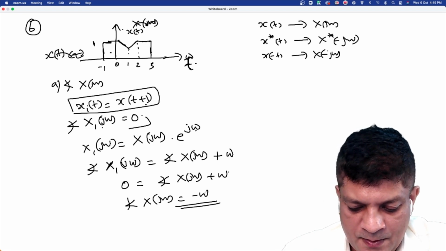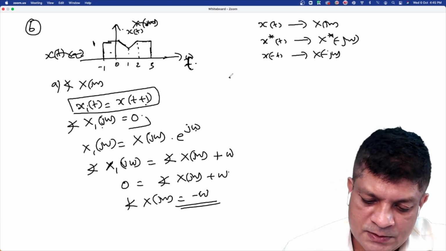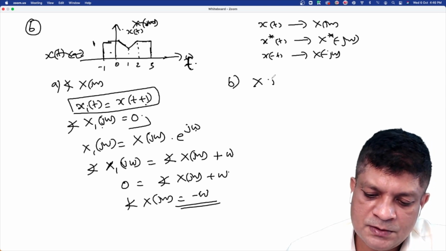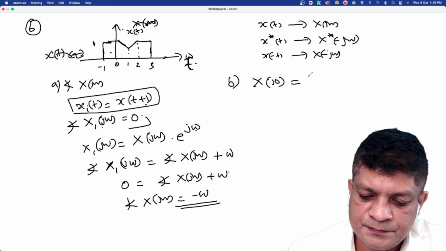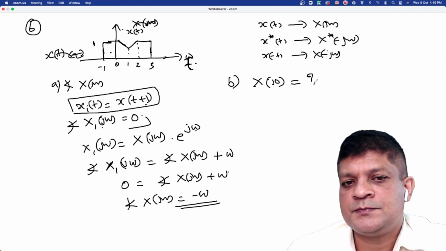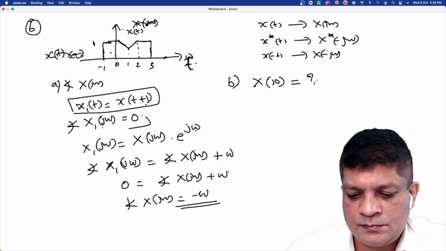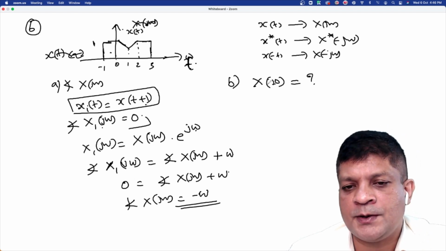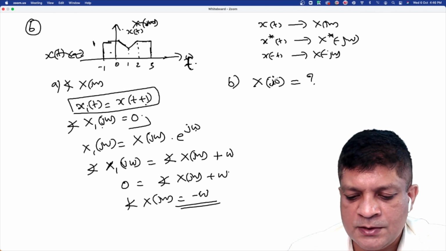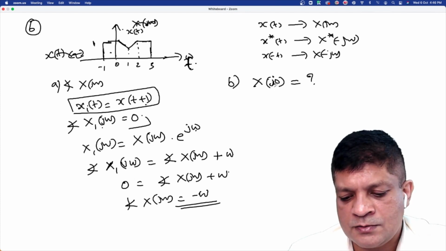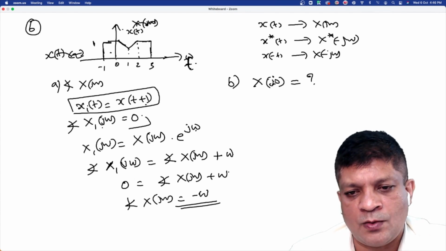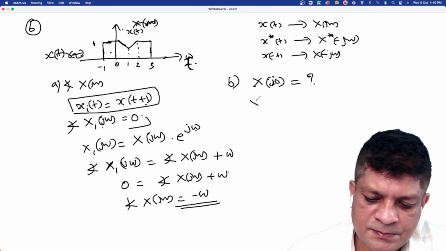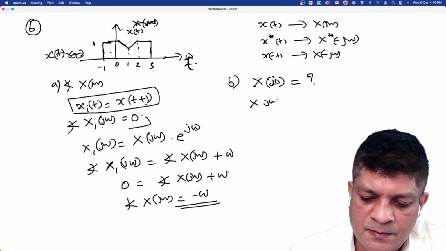Now tell me what is the answer of this one, X(j0). What is X(j0)? That means the value of the Fourier transform at omega equal to 0. What is the expression for the Fourier transform of a signal?